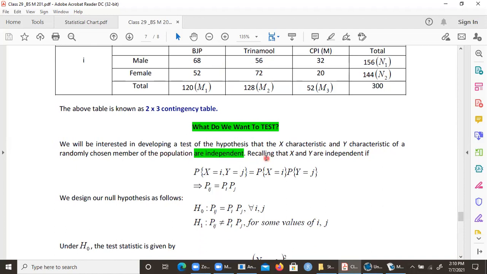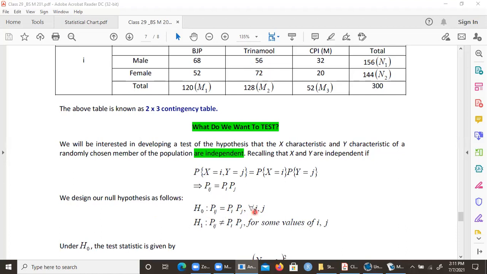We know that if two variables, capital X and capital Y, are independent, then the probability of X intersection Y is equal to the probability of X times the probability of Y. So if X takes the value I and Y takes the value J, and they are independent, we can write the probability that X equals I and Y equals J as the probability of X equal to I times the probability of Y equal to J. In short, by notation, Pij equals Pi times Pj. So our null hypothesis is that the observations are independent: Pij equals Pi times Pj for all i, j.